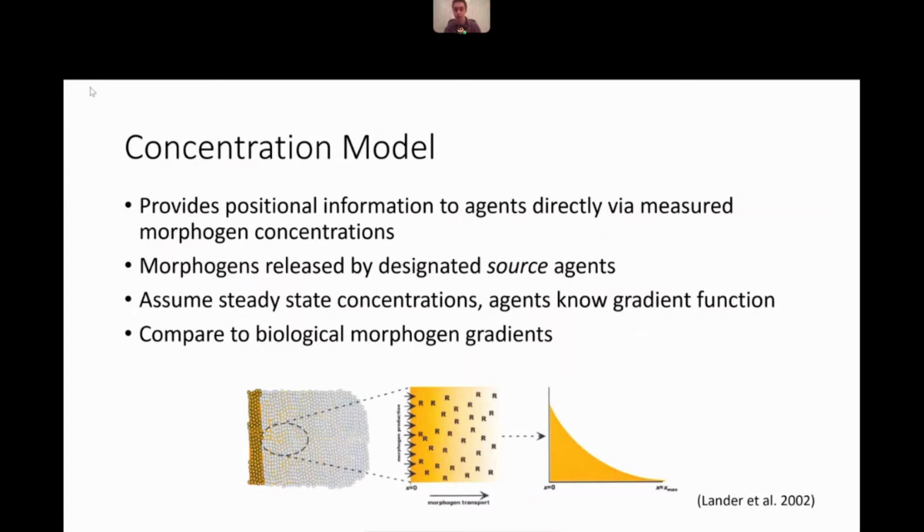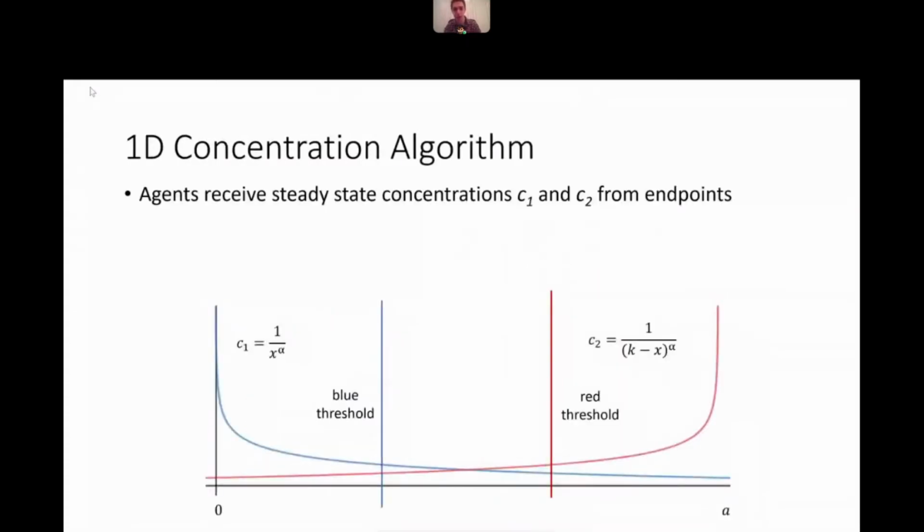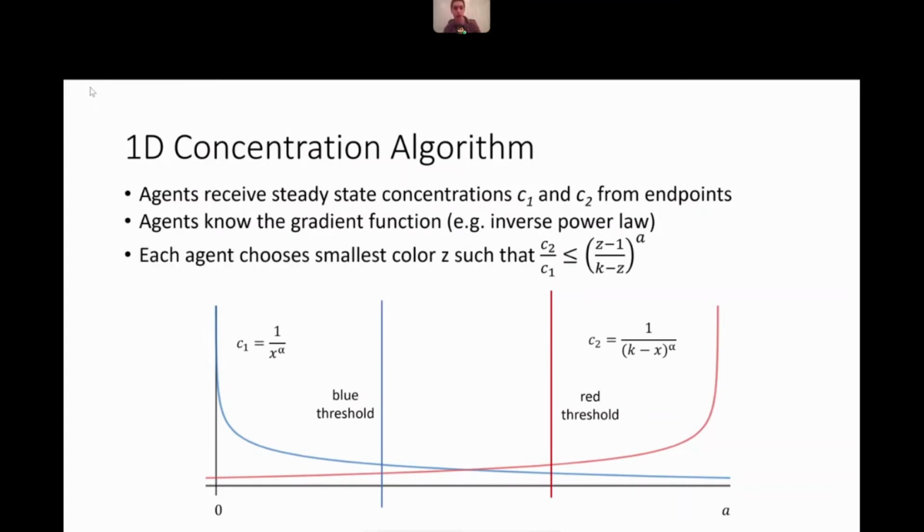They release some morphogen chemical that forms a gradient along the rest of this set of cells, and it's roughly an inverse power law. So the algorithm is simply agents receive concentrations from sources at each endpoint of the line, and using these concentrations, and knowing that the gradient function in this case is an inverse power law, each agent can choose a color such that the ratio of these measured concentrations is at most this expression here: ((z-1)/(k-z))^a, where a is the exponent of this inverse power law.